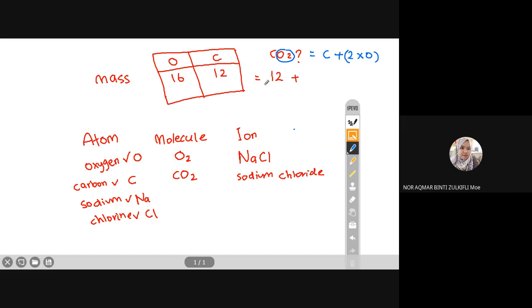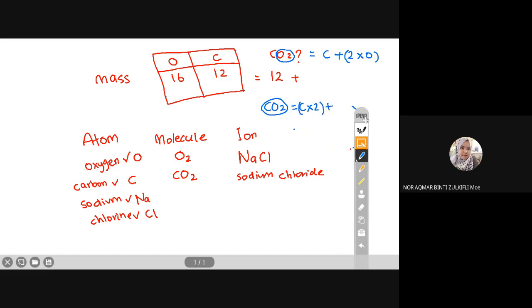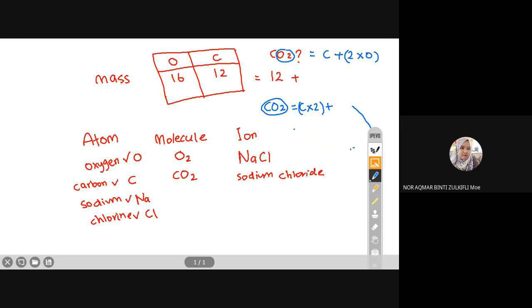Sometimes students get confused. They think that CO2 means all of these are two, C also two, oxygen also two.